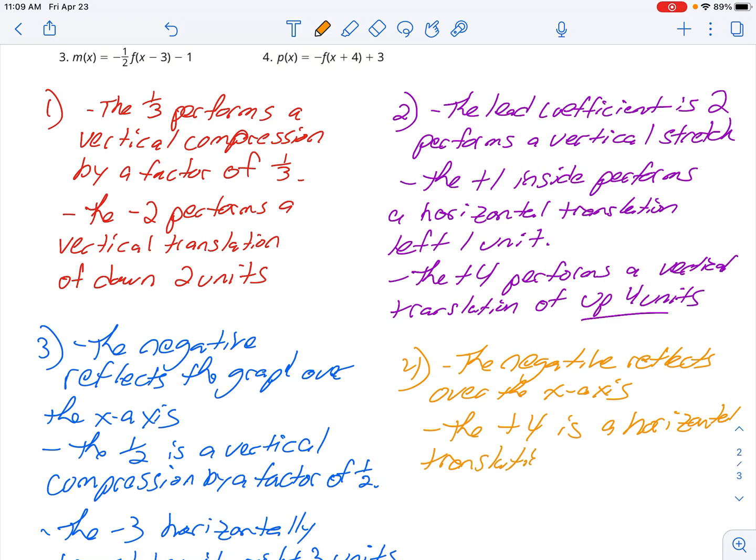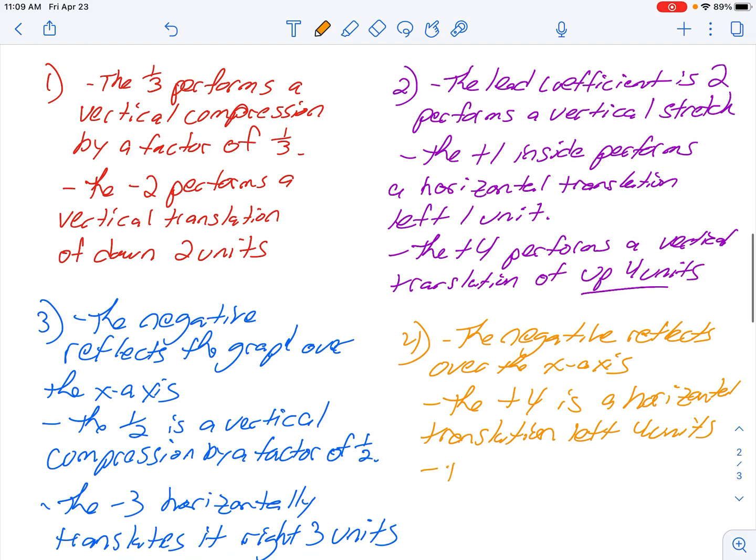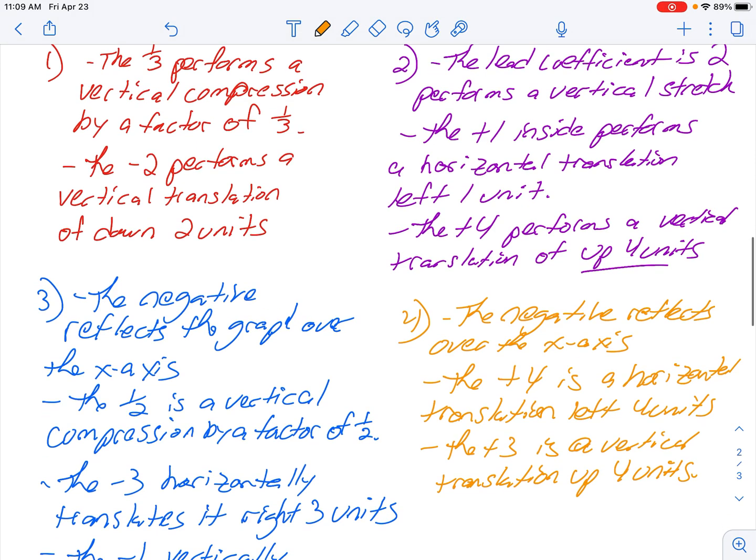It goes either left or right. In this case, because it's a +4, we go to the left 4 units. And then +3 is on the outside. That's going to be a vertical movement, a vertical translation up 3 units. Okay.